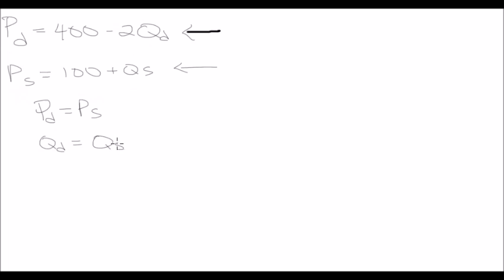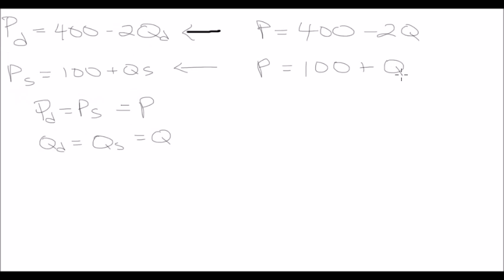So if what you're solving for is the market equilibrium, usually what people will do is just write that in terms of the price and the quantity, and you can then rewrite your demand equation as price equals 400 minus 2 times quantity, and your supply equation as price equals 100 plus quantity.